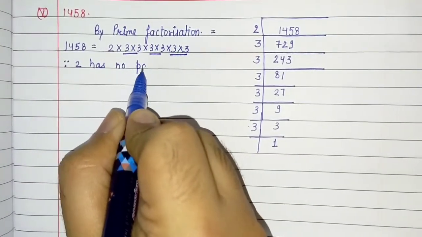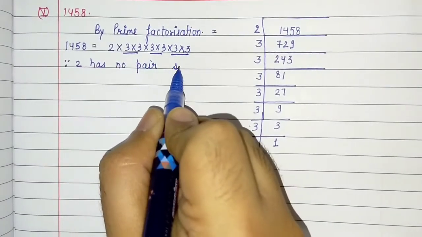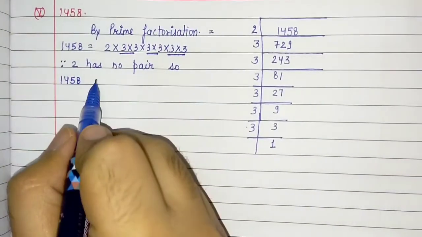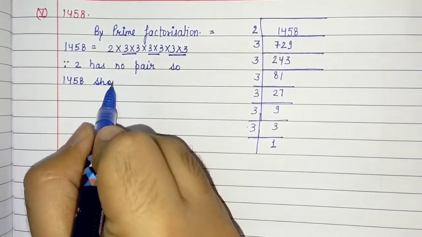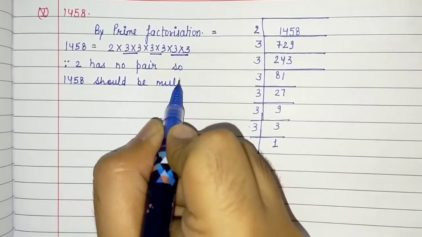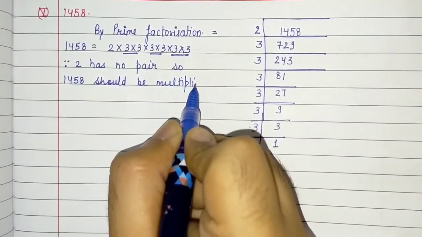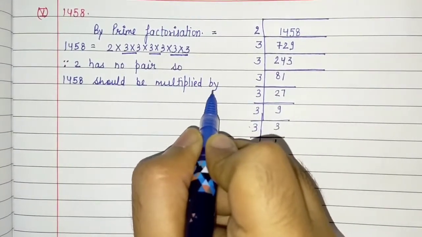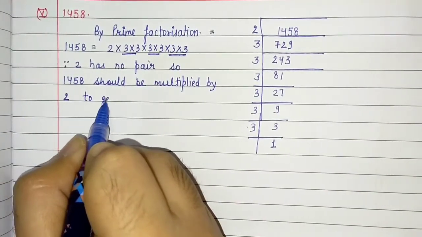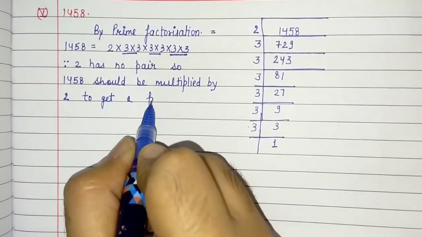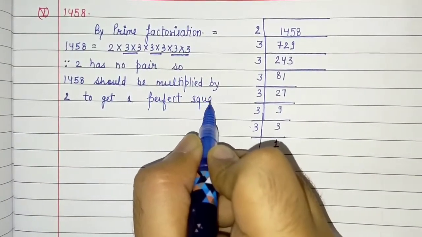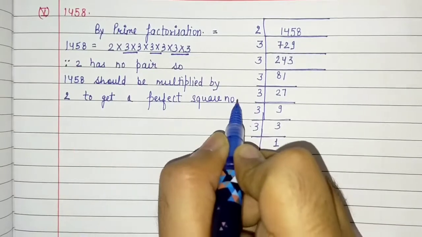So 1458 should be multiplied by 2 to get a perfect square number.